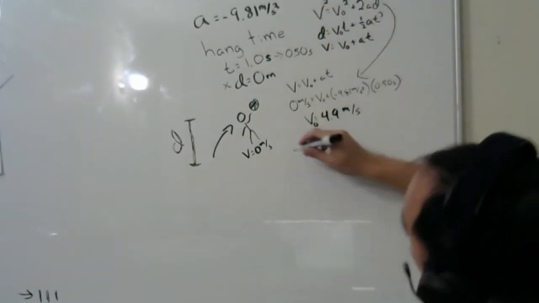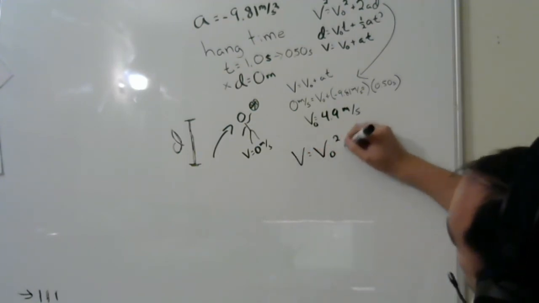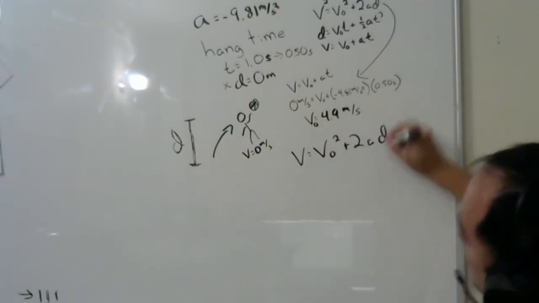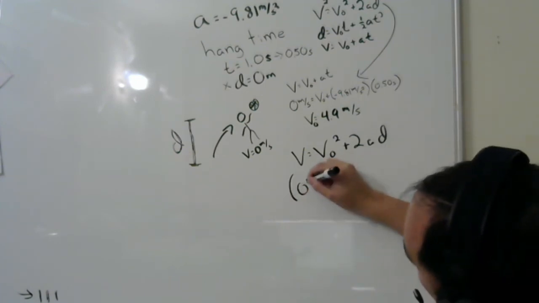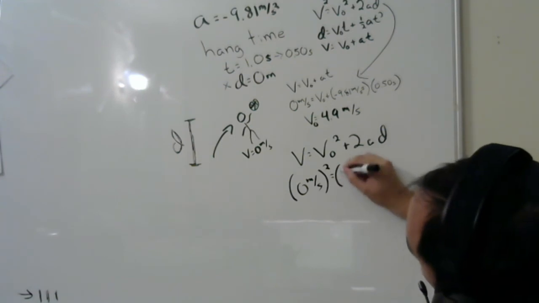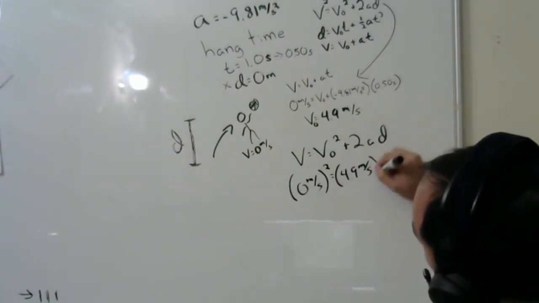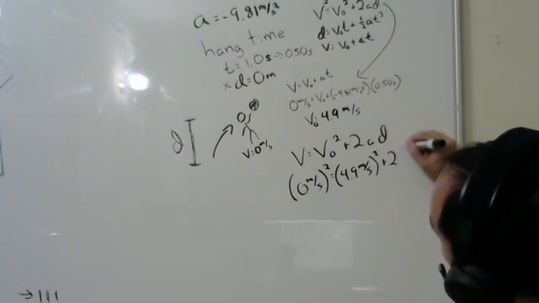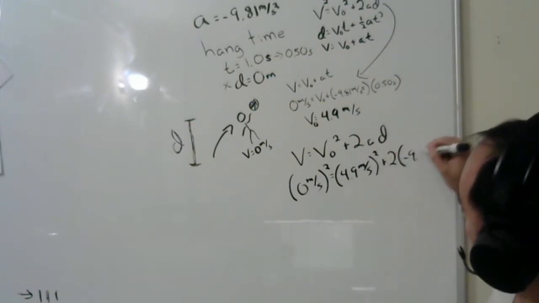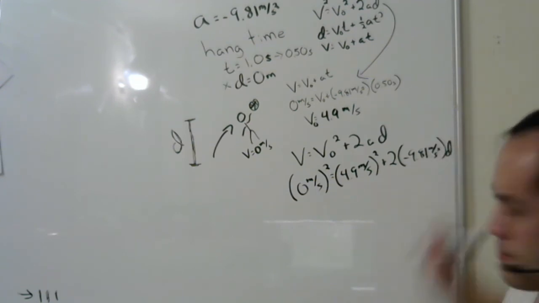V, that's 0. V squared equals v naught squared plus 2ad. 0 meters per second squared equals 4.9 meters per second squared plus 2 times negative 9.81 meters per second squared times d.